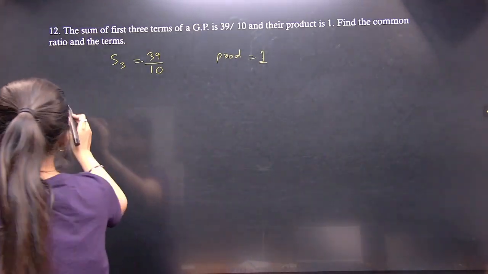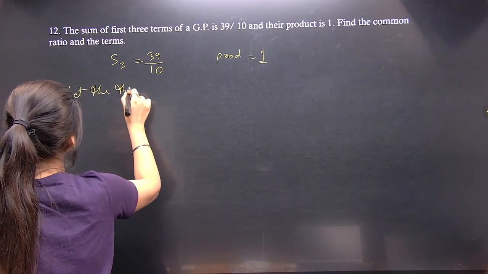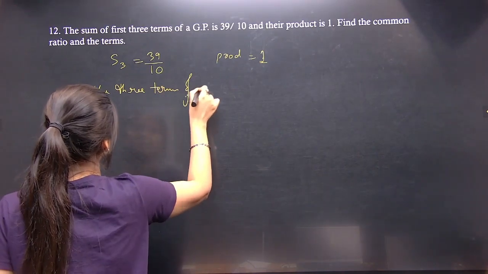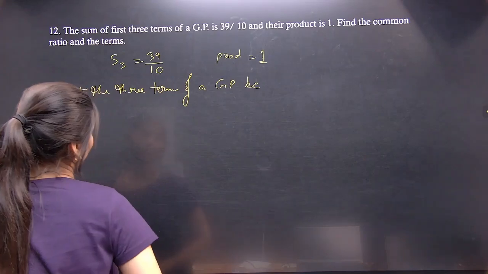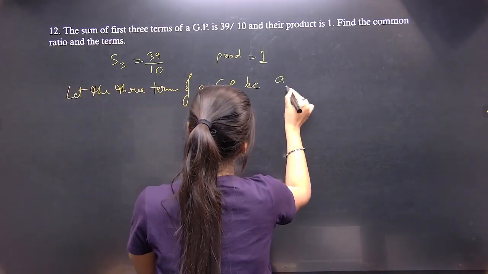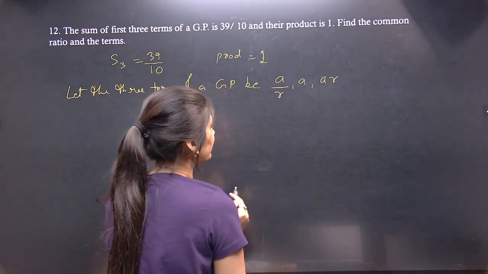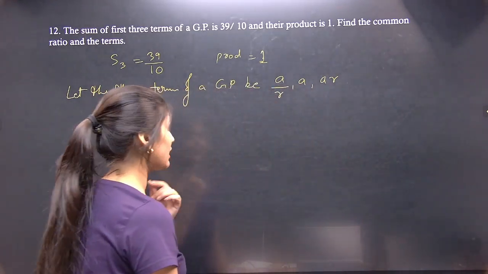So I am considering, let the 3 terms of a GP be A by R, A and then AR. You can find the common ratio and check that the common ratio is the same or not.